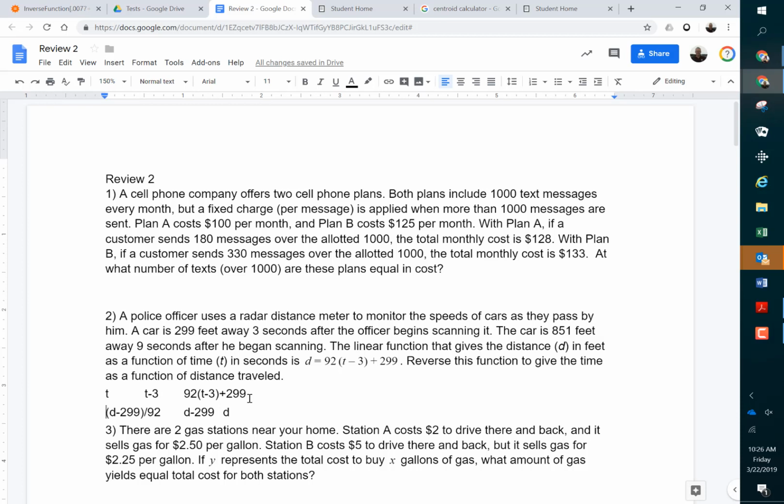So d minus 299 divided by 92, add 3, and that'll be our answer. Now I'm going to make these match up distance-wise, so that everything looks the same going forward and backward.